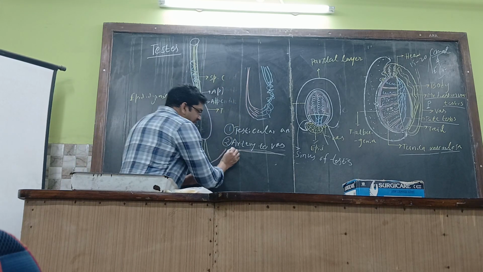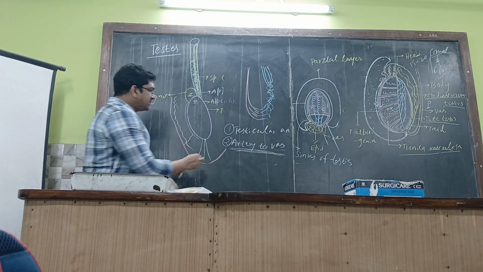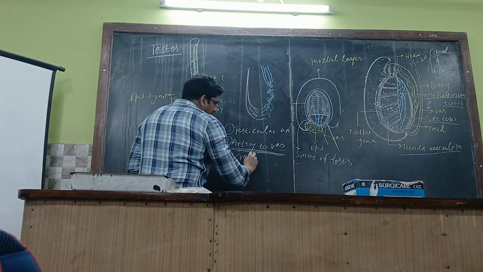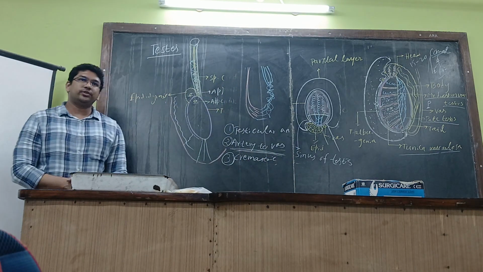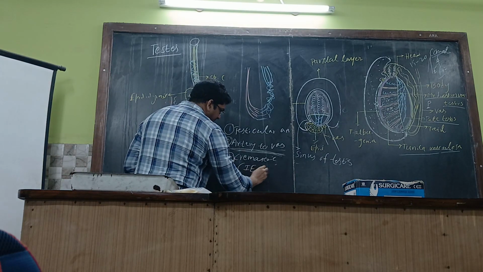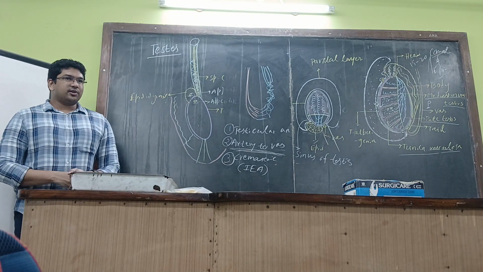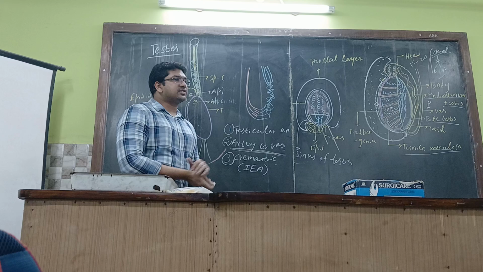This artery to the vas deferens also supplies the testis over here. Getting it? And then the third artery will be the cremasteric artery. The cremasteric artery is a branch of the inferior epigastric artery. Is it not? The cremasteric muscle is present very much close to the inferior epigastric artery, right?